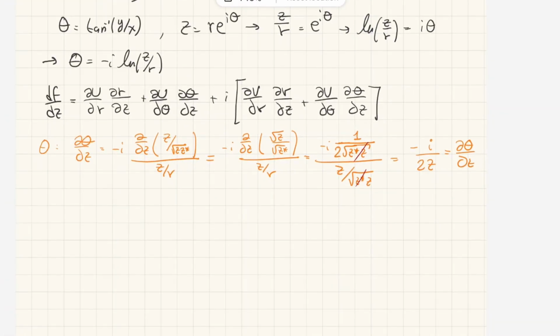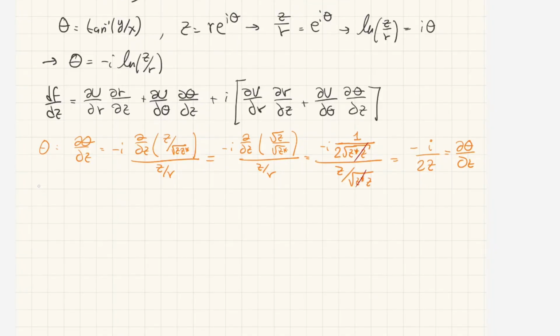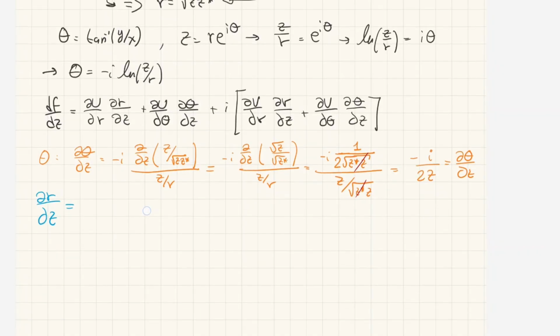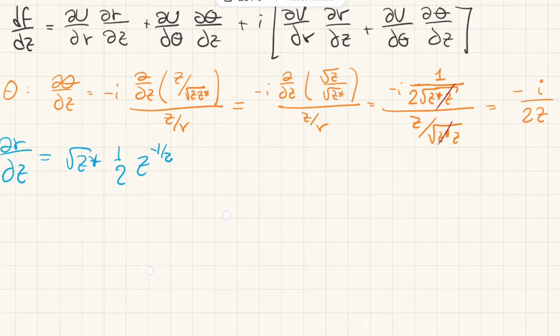Perfect. So now we are going to keep going with the r, right? So we need to calculate the derivative of r with respect to z. And what would that be? Well, we have the square root of z conjugate. Recall that I'm using this expression over here. So this will be 1/2 z to the negative 1/2, right?